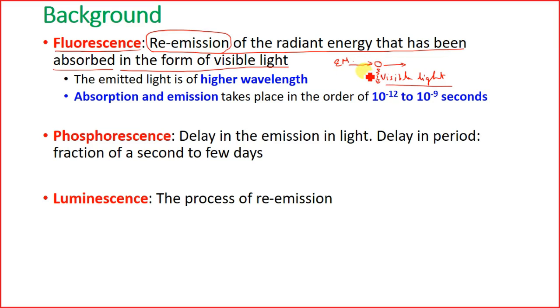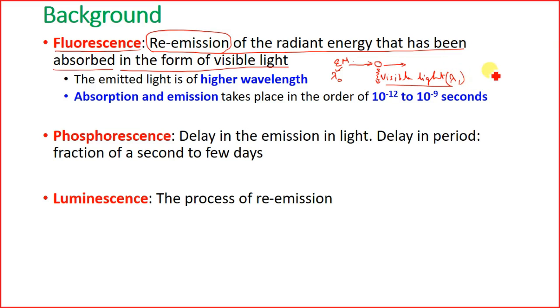Okay, so one of the major important things of the fluorescence is that when we radiate this electromagnetic radiation, it will have a certain lambda, say lambda 0, and the wavelength of the visible light is say lambda 1.